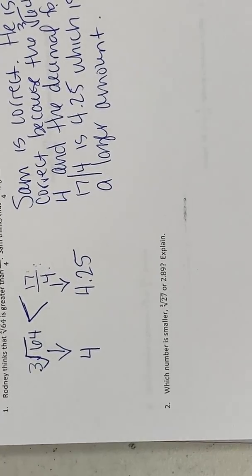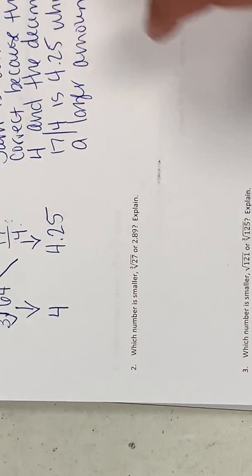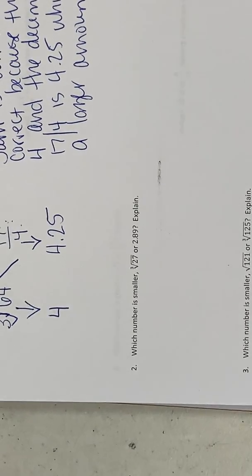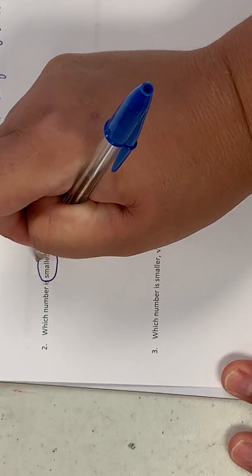Now, the second example that I'm showing you is a lot different because it doesn't ask you to analyze work. It just asks you to compare. So if we look at the second one, it says which number is smaller. And I probably want to underline if they want me to look for smaller or larger because I need a clue into that to make sure I give the right answer.